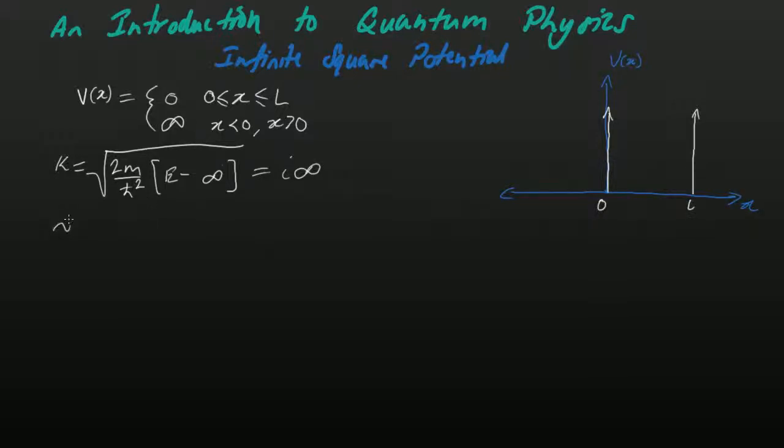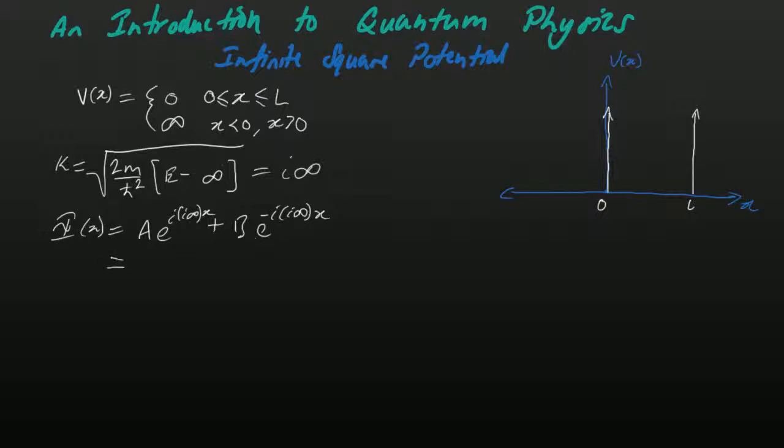Now also from part 1 we'll remember that we had our time independent wave function, which in general looked like this. Now we can plug in what k equals here, so i infinity x and minus i infinity x. Irrespective of what x equals in these regions, this will always be a negative infinity, and this will always be a positive infinity.